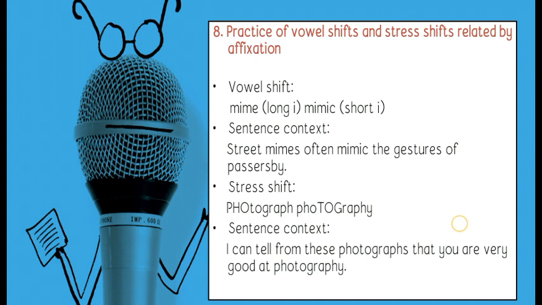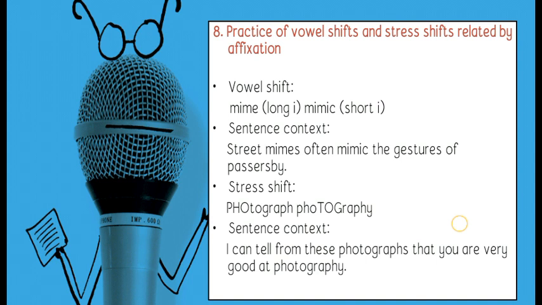And the sentence context is, street mimes often mimic the gestures of passersby. So this shows how we are going to use these two words and their stresses. For example, the word mime is an entertainment and the word mimic is a person who copies the behavior or speech of others.